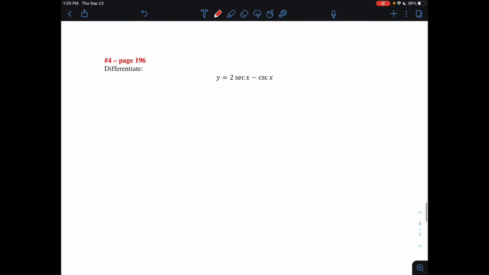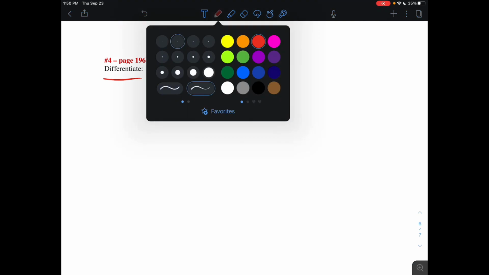So continuing on, let's look at another example, number 4 from page 196. And here we're just going to look at a couple of other functions. Differentiate y equals 2 secant x minus cosecant x.